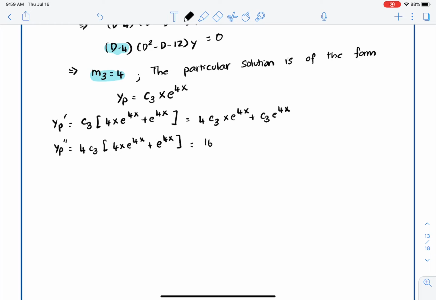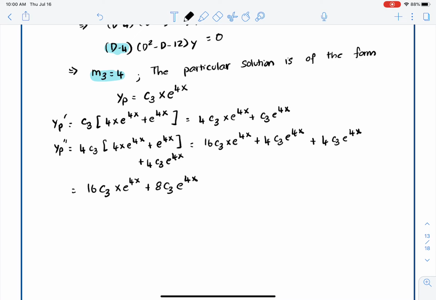That would give us 16c3 x e raised 4x plus 4c3 e raised 4x. And there is a c3 e raised 4x outside, and if I take the derivative of that, I would have 4c3 e raised 4x. So I end up getting 16c3 x e raised 4x plus 8c3 e raised 4x.